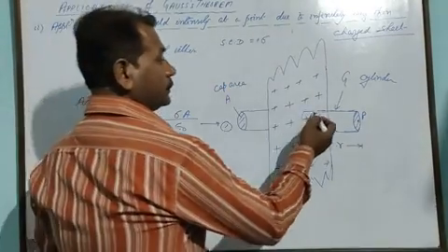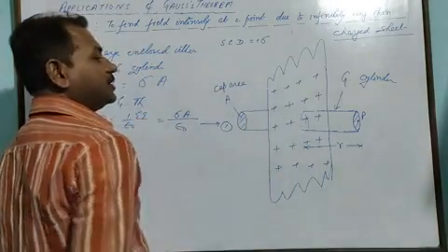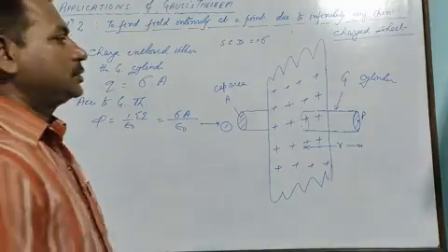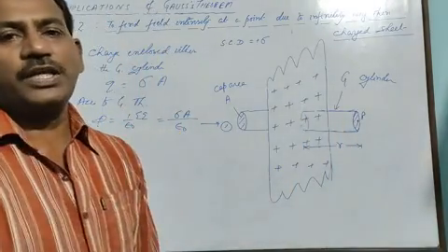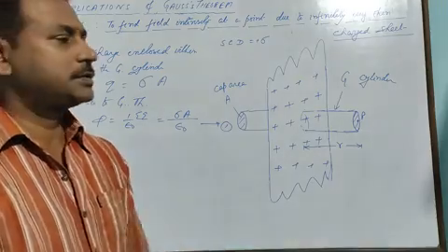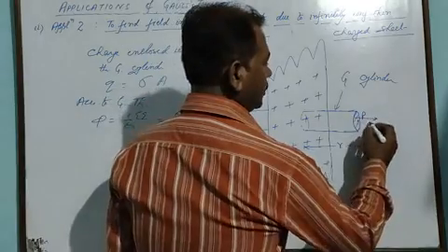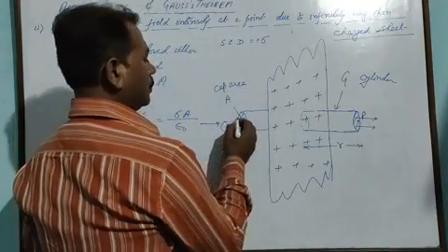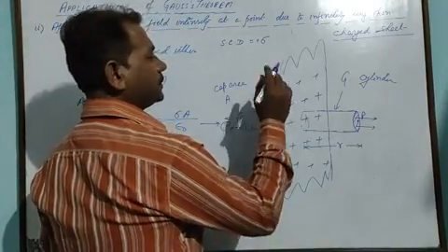Now whatever the charge it has, that charge will be positive in nature. So that positive charge will try to release field lines or electric flux. That flux will come out through these surfaces.